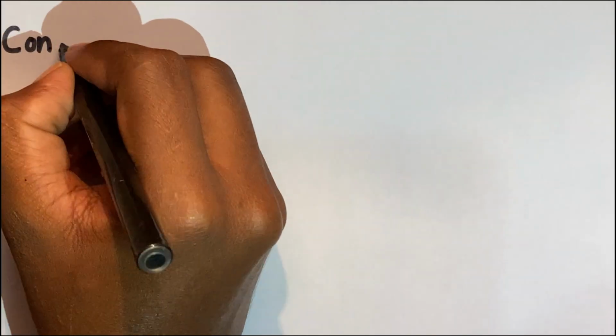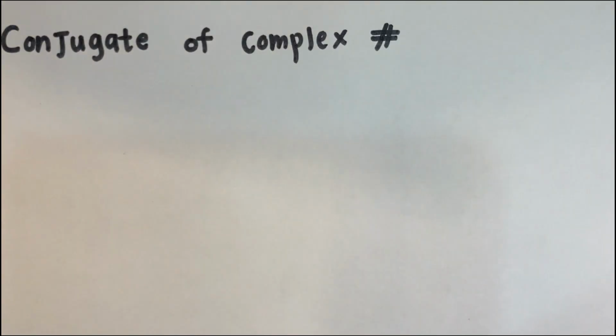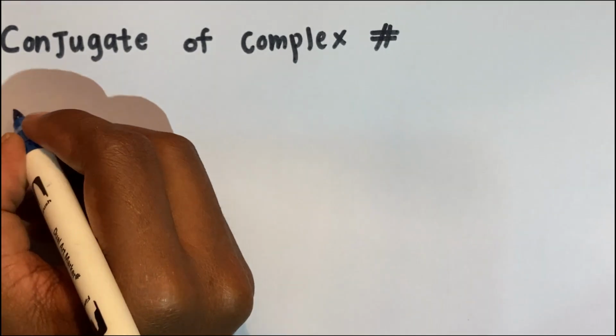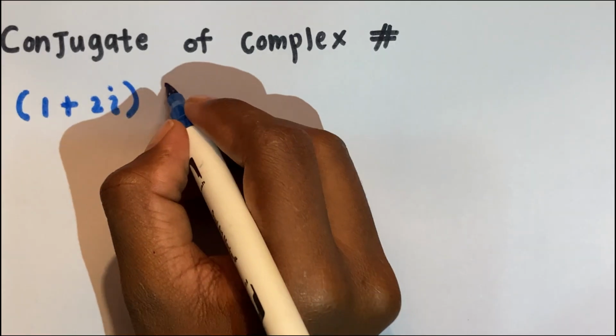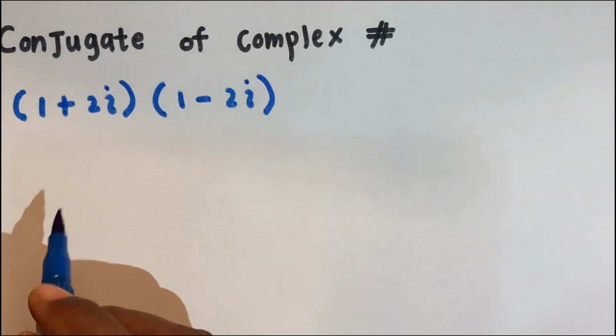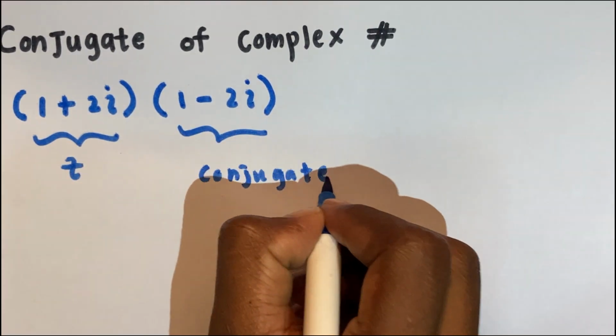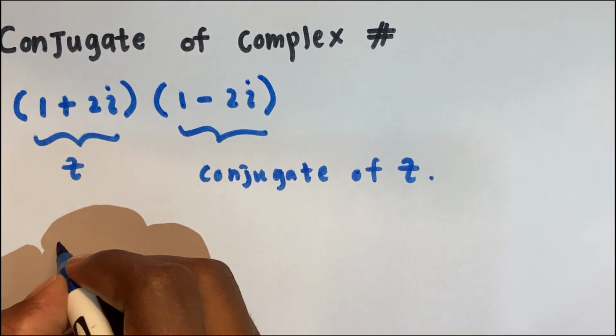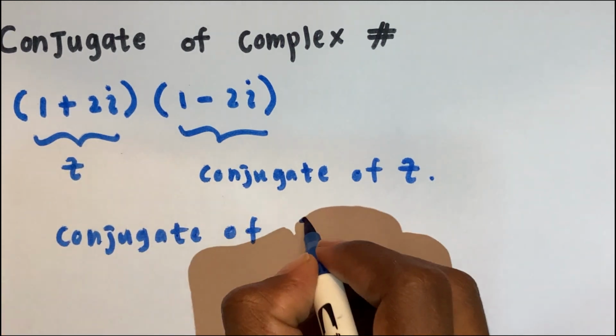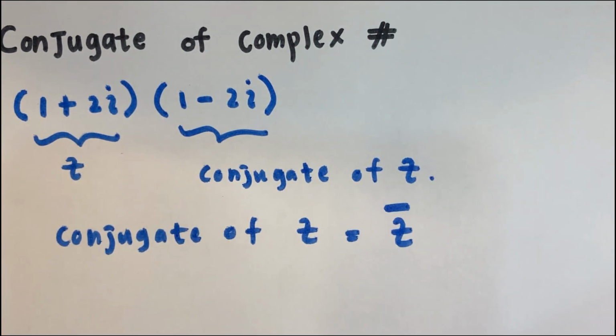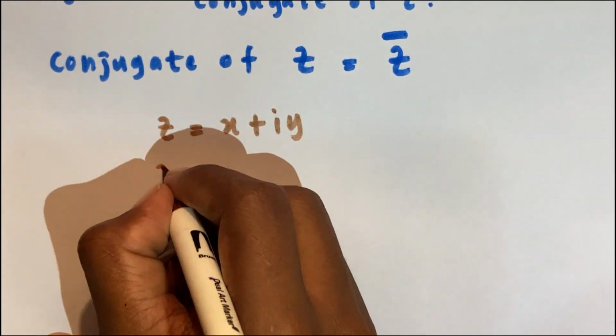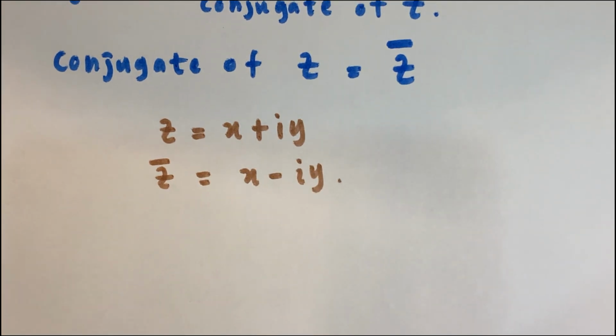Next, conjugate of complex number. To help you understand better, let me give you an example. 1 plus 2i and 1 minus 2i. If z equals this, this is the conjugate of z. Notation, conjugate of z equals z bar. z equals x plus iy, z bar equals x minus iy.